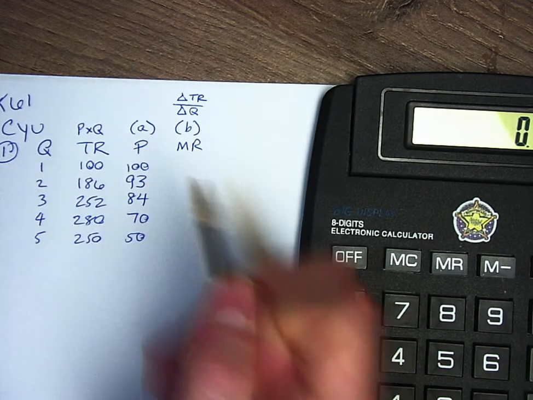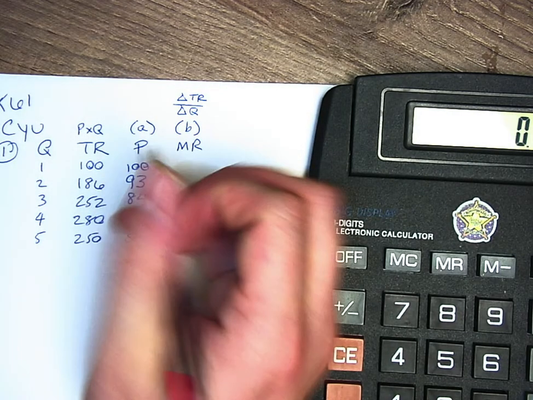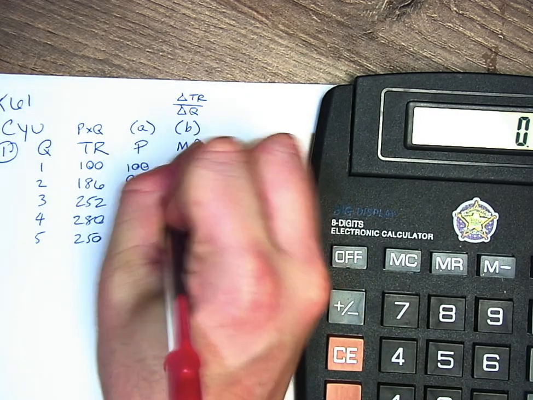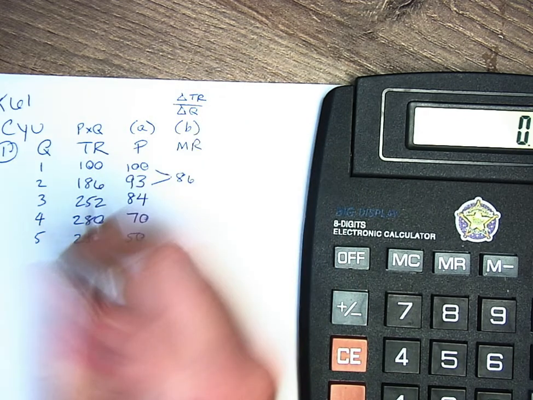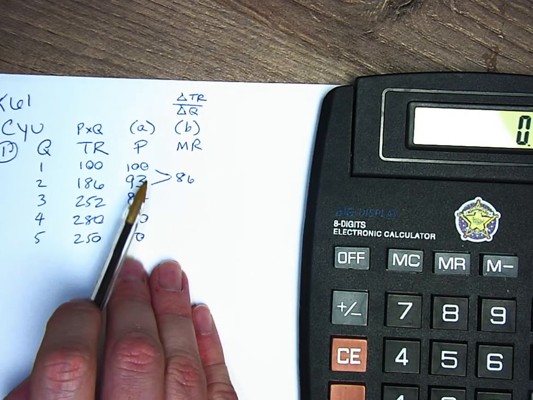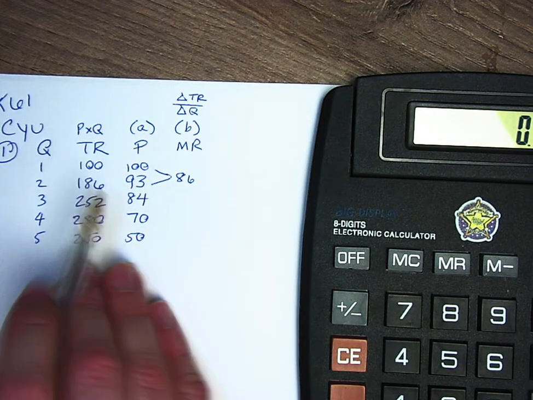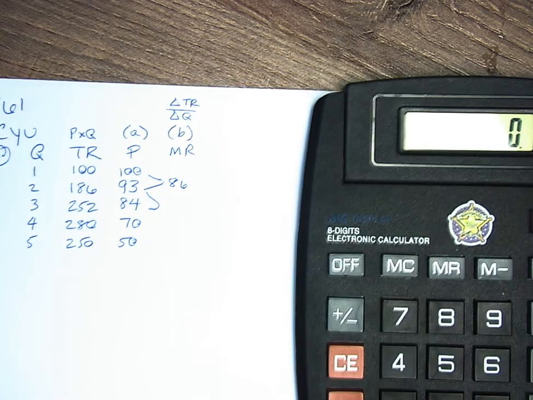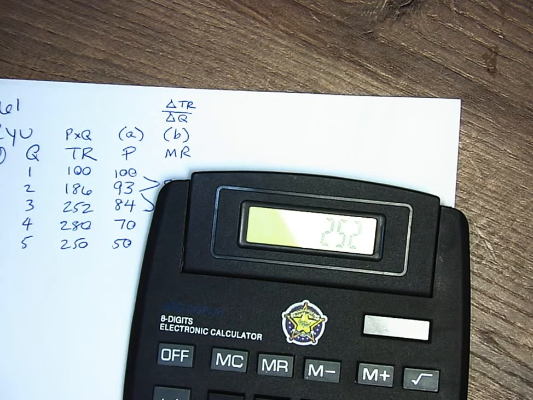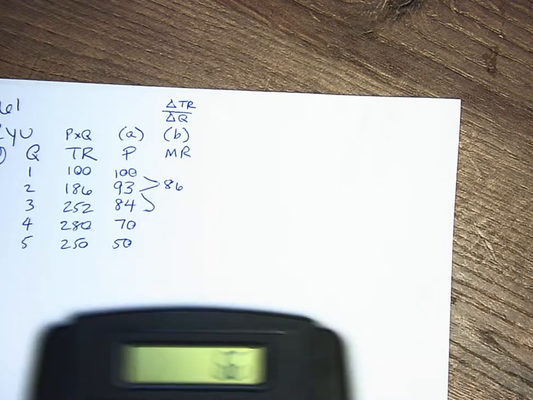So hopefully we can see the change in total revenue from 100 to 186 is 86. Right? Even though we know that's not 100 to 93, it's actually 100 to 186. And then from the second to the third is 252 minus 186, and that's 66.